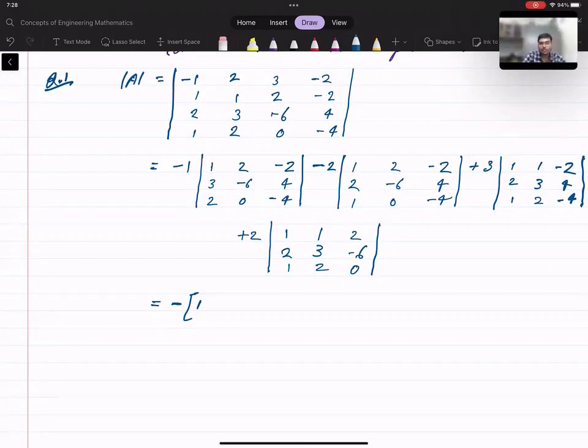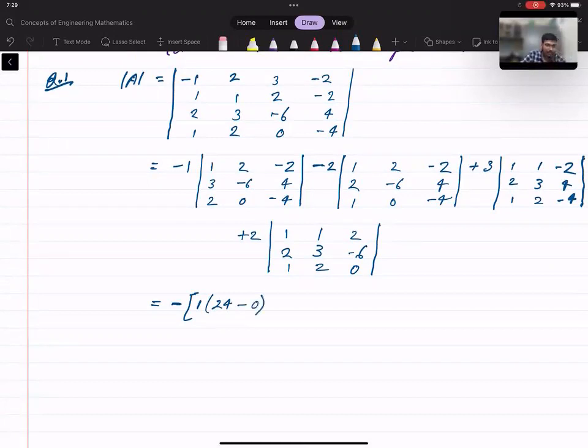So I'll not repeat this again and again. We'll consider this now. Okay. So 1 into, now the minor is this 6 6 4. Okay, so let me erase. This will be 6 4 0 minus 4. Okay, so directly taking the values, we have -6 into -4 as plus 24. Then -4 into 0 is 0.